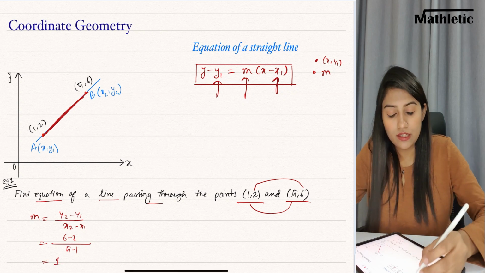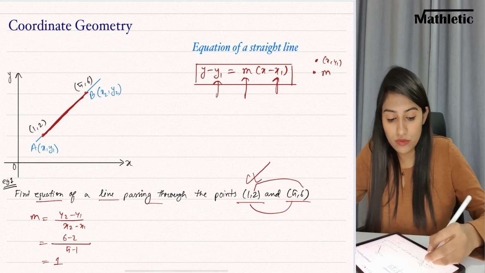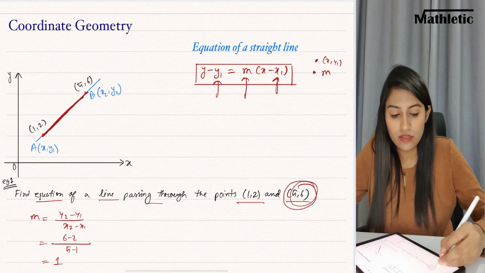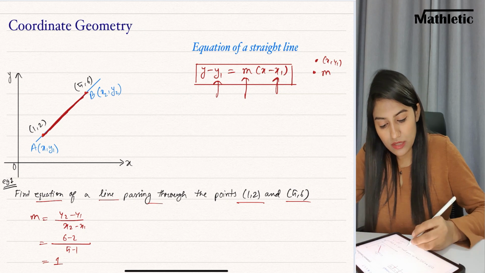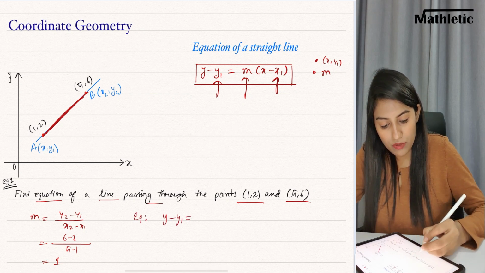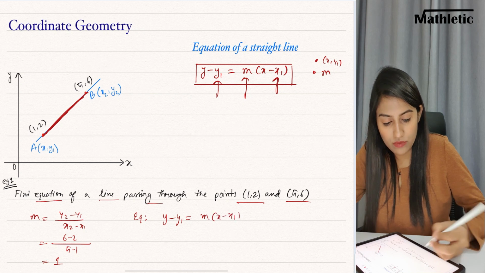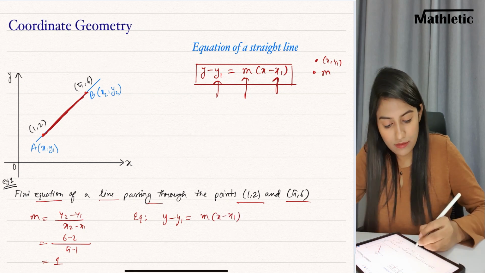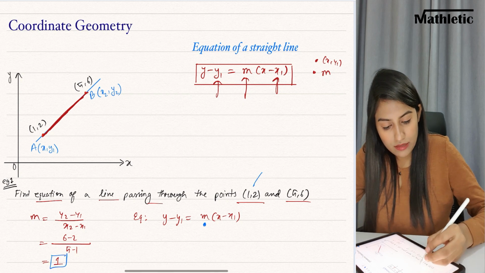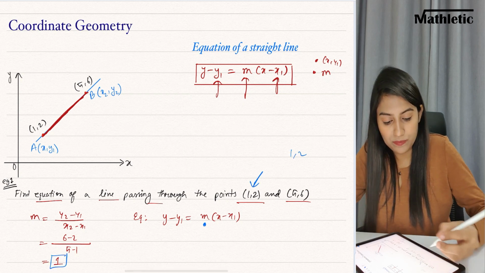And then again, x1, y1 doesn't mean you need to use the first coordinate only. It's up to you. Even if you use the second coordinate, you will end up getting the same result. So the equation here is y minus y1 equals gradient times (x minus x1), right? So I will be substituting the values here. The gradient m is 1, and let's use x1, y1 as (1, 2).